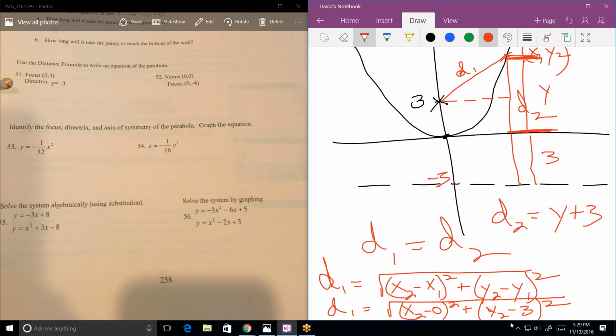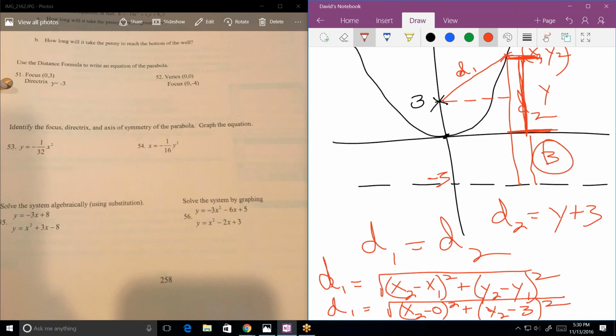In other words, this arbitrary point that I picked on the parabola, x comma y, well, y is the distance above the x-axis, right? So y is just this distance. If I want the distance all the way to the directrix, I have to take y and add 3 to it.